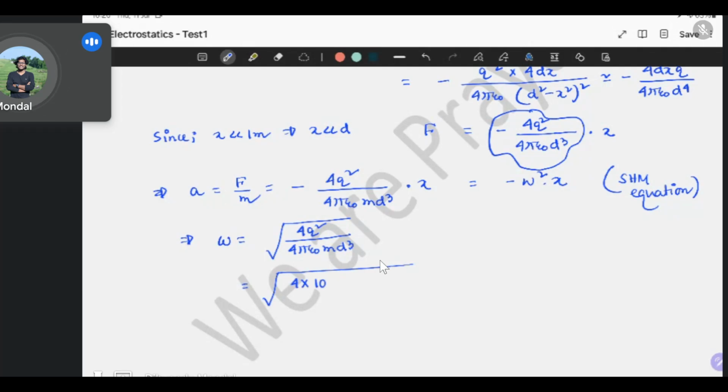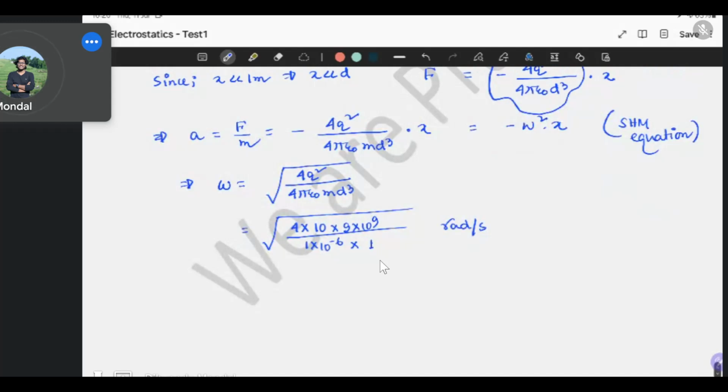For 1 by 4 pi epsilon naught, this is 9 into 10 to the power 9. For m, 1 milligram is 1 into 10 to the power minus 6 kg. d cube is 1 meter cubed, so it is 1. This will be in rad per second, in SI units.